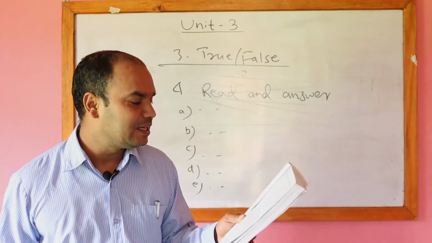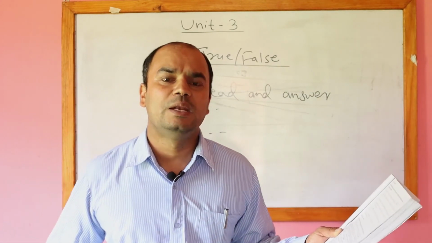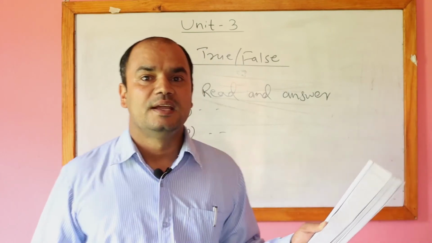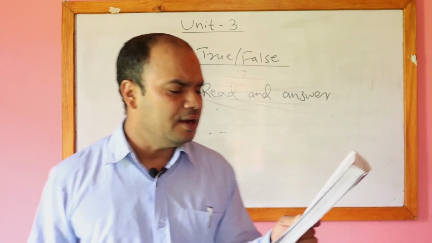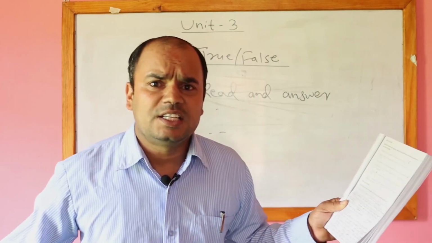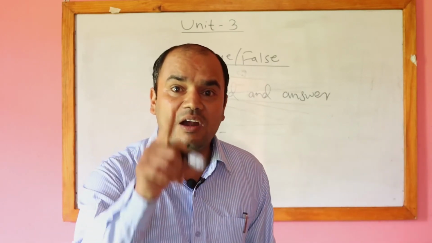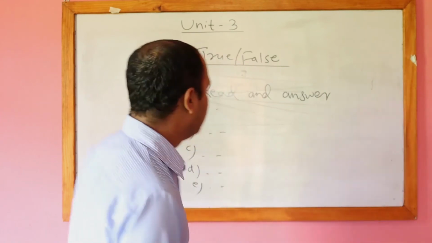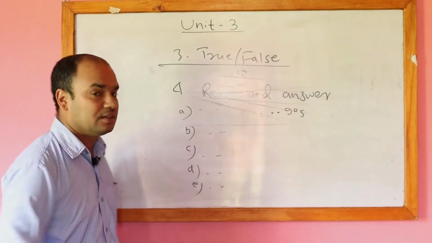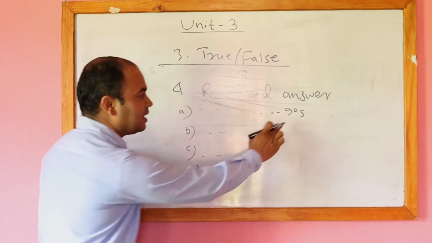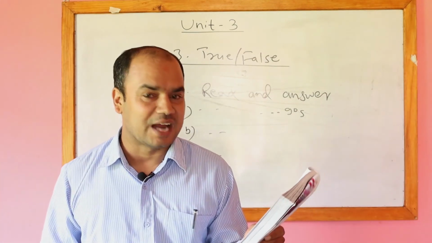Bird flu is a very common term for avian influenza, and it is a strain of the H5N1 virus. It was first detected among humans in the late 90s. Now you have to note that.